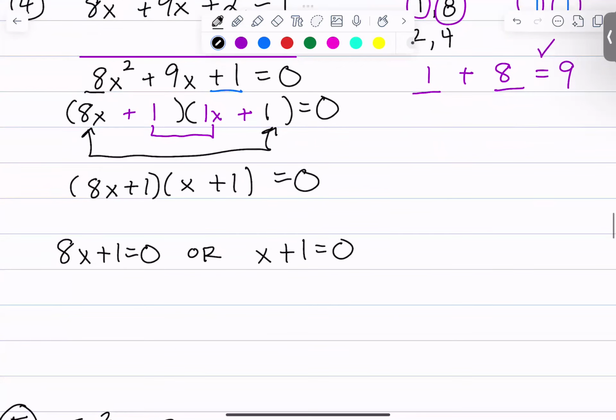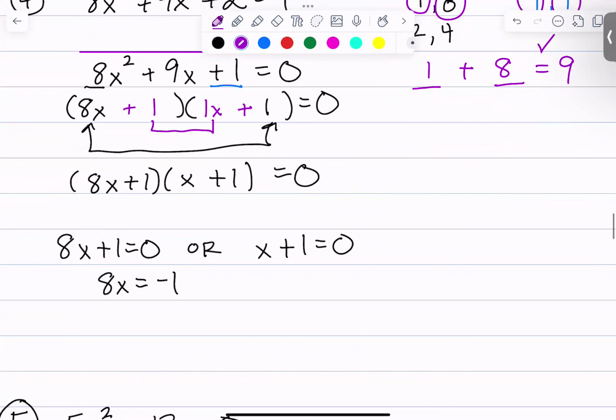If I subtract 1 on both sides, then 8x equals -1. Divide by 8, divide by 8. x equals -1 over 8. Or x, subtract 1 on both sides, equals -1.